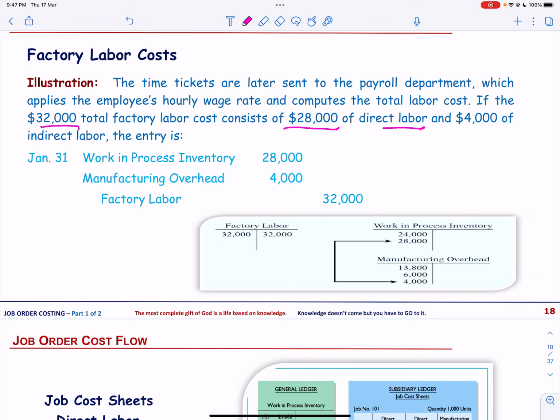You can see that direct labor is debited to work in process inventory and indirect labor is debited to manufacturing overhead, and the factory labor is credited by 32,000. Remember that this 32,000 was recorded when we prepared factory labor accumulating cost. The work in process now increases by 28,000 and the manufacturing overhead by 4,000.